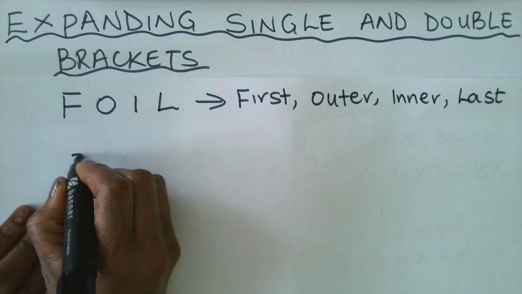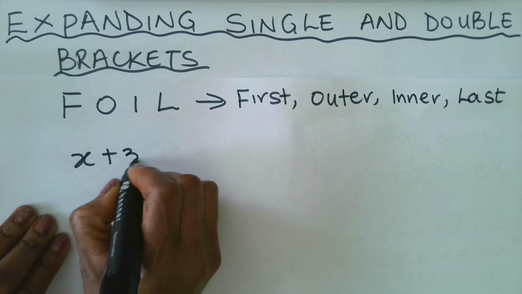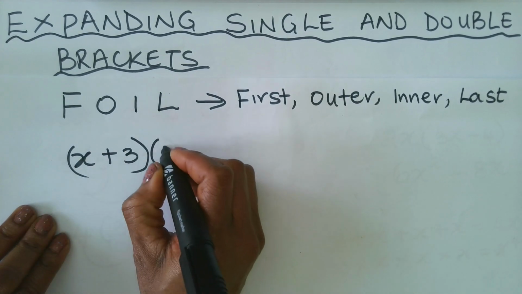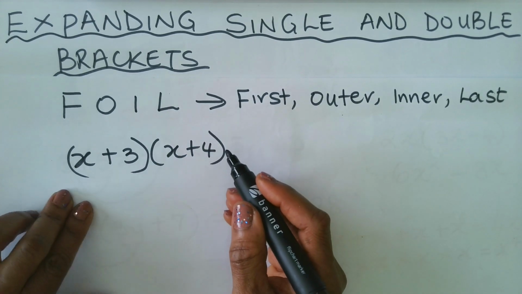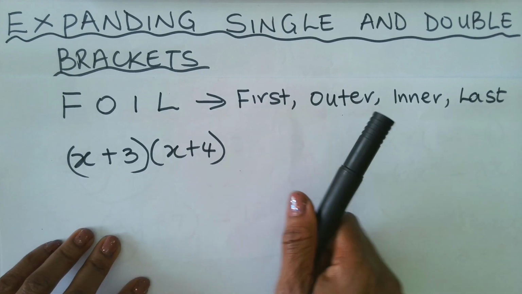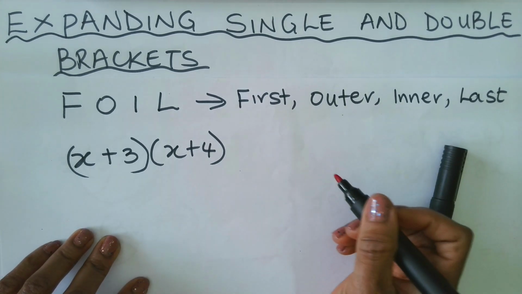Now if we've got x plus 3, x plus 4, this is an example of expanding double brackets. So I'm going to use FOIL.